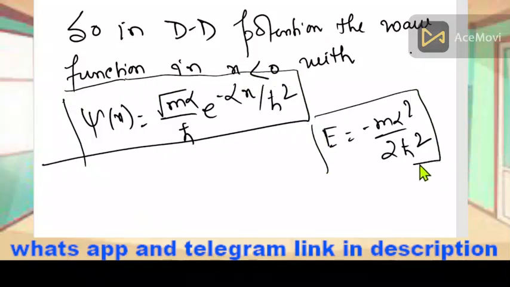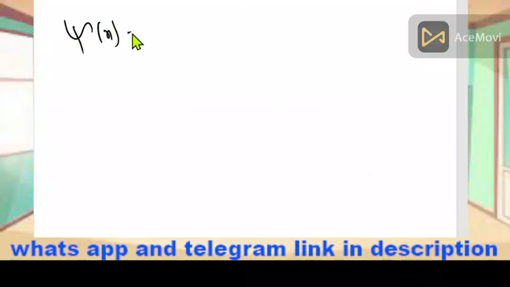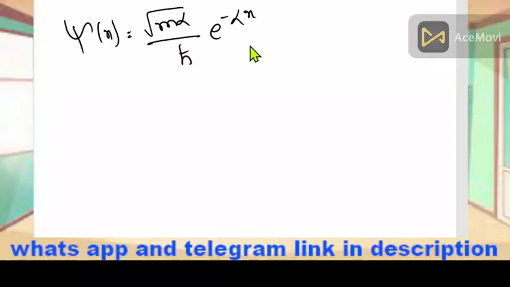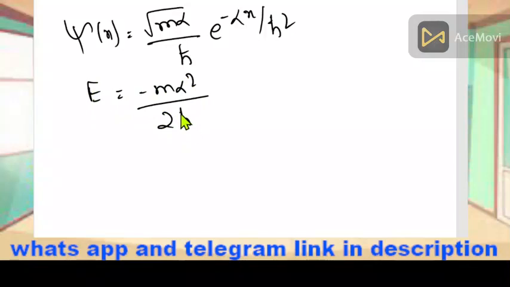Now what does this result mean? It is not over once you have obtained the calculations. I am writing it here again. Psi x is root under m alpha by h bar square, e to the power minus m alpha x by h bar square, and energy is minus m alpha square by 2 h bar square.